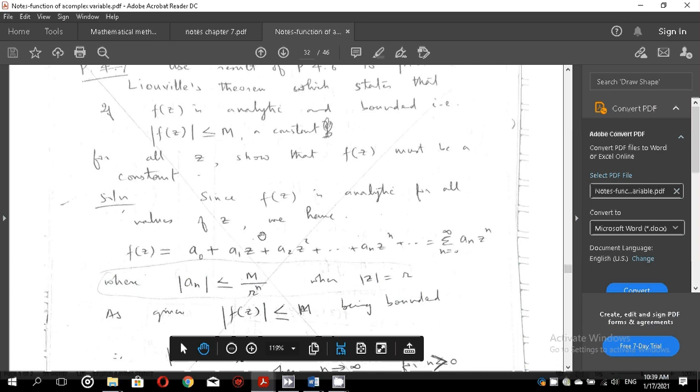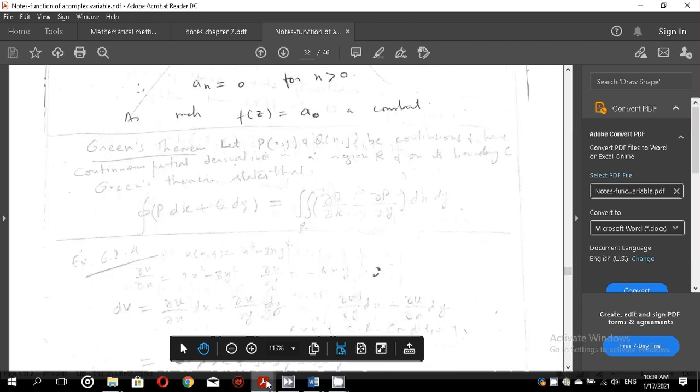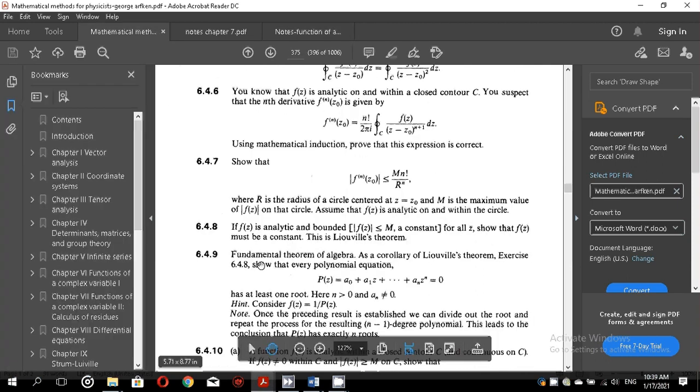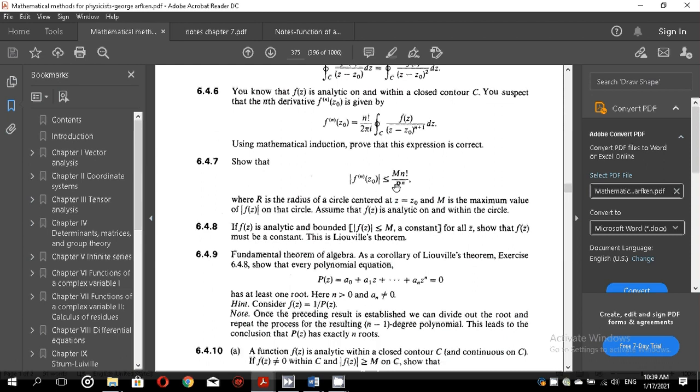So please go through this derivation and you will prove this exercise. Now this is proved on the page I showed you. This is known as the Cauchy inequality. It is a very important inequality. This result is known as Cauchy's inequality.